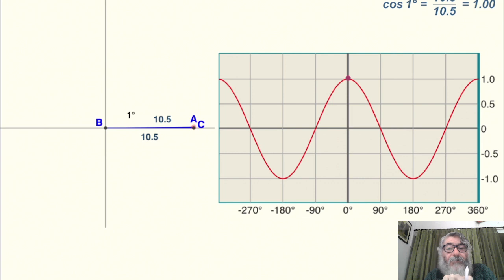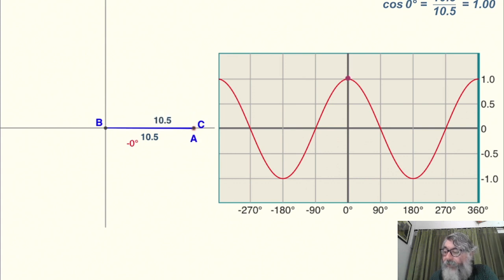When the perpendicular was 0 and the hypotenuse was 10.5, 0 upon 10.5 was 0. But what you're noticing here is that hypotenuse and base are both equal. It is showing 1 degree, but I am bringing it to 0 degree.